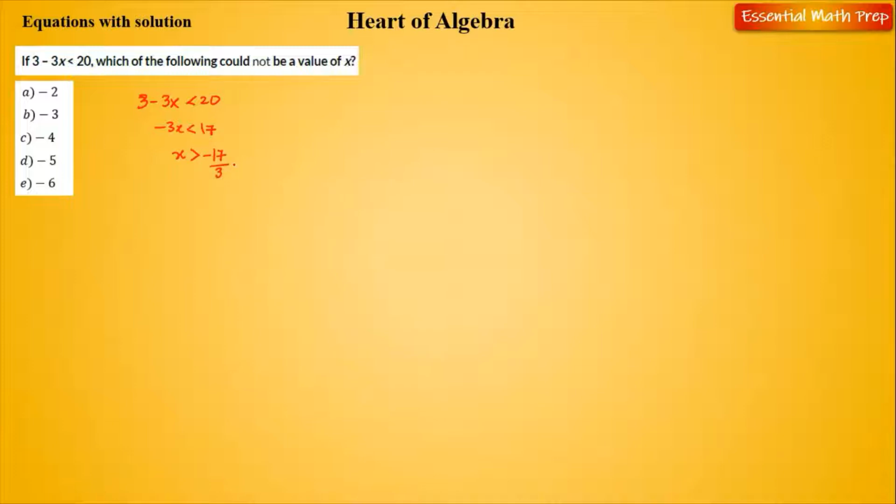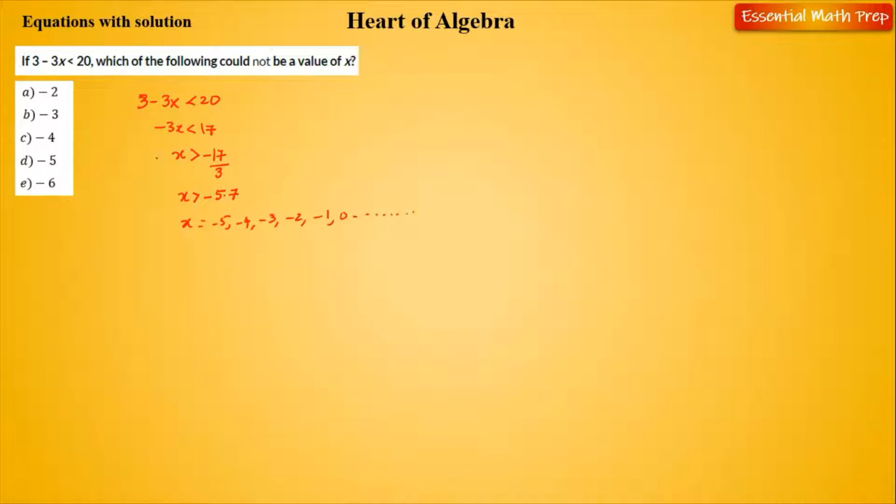So x is greater than -17 over 3, right? 17 over 3 is about 5.7 or so. In other words, x is greater than -5.7. When you say x is greater than -5.7, you're not thinking -6.7, -7.7. Instead, x could be -5, -4, -3, -2, -1, 0, and so on.